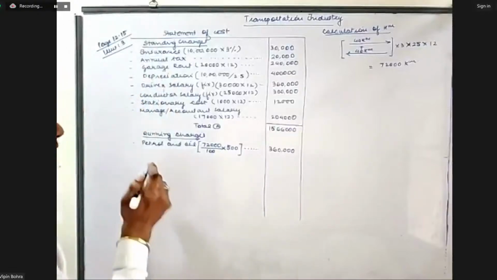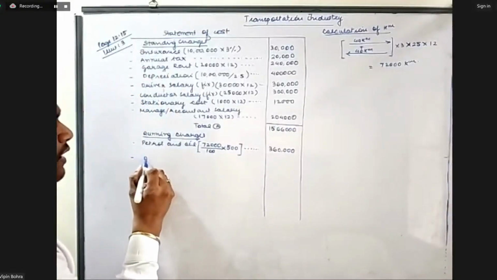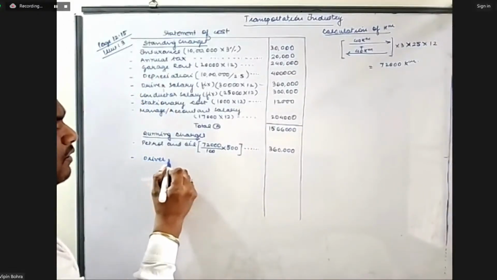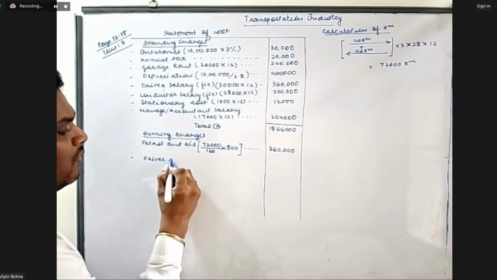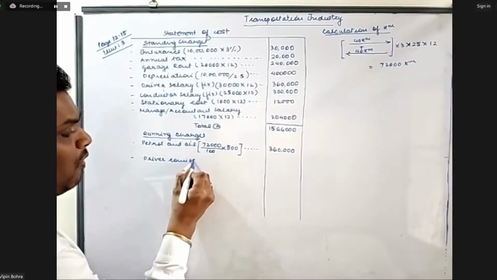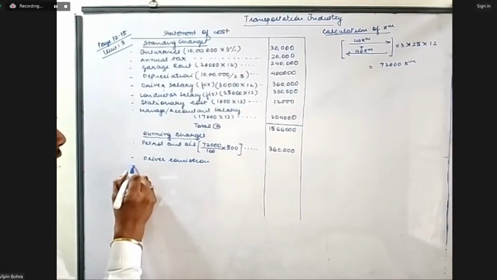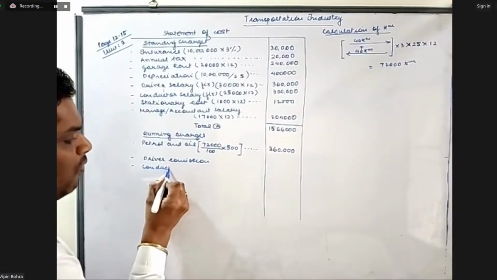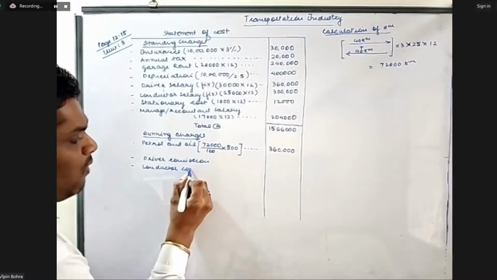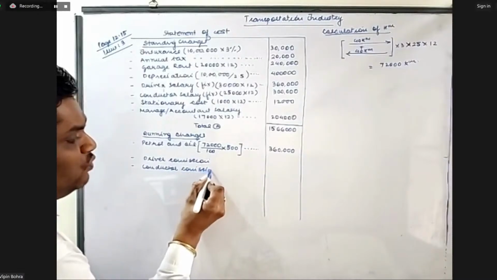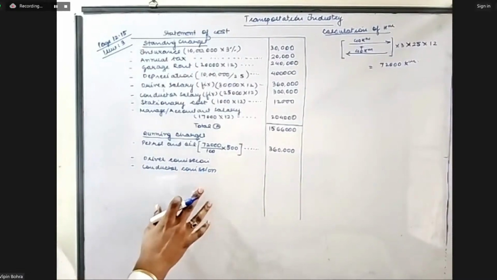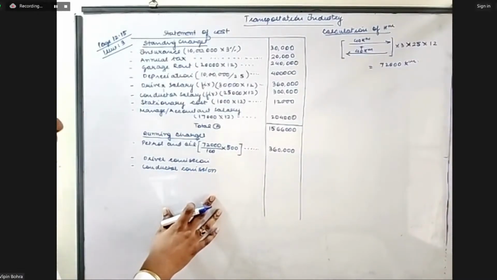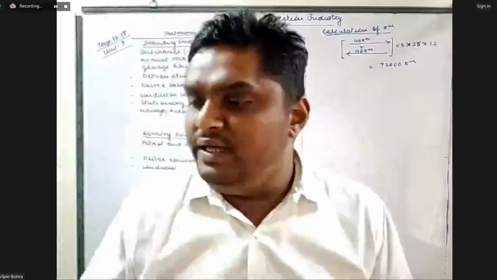Apart from this, the driver's commission and the conductor commission are yet to be calculated. So we'll calculate this separately. So these are the 3 variable costs.